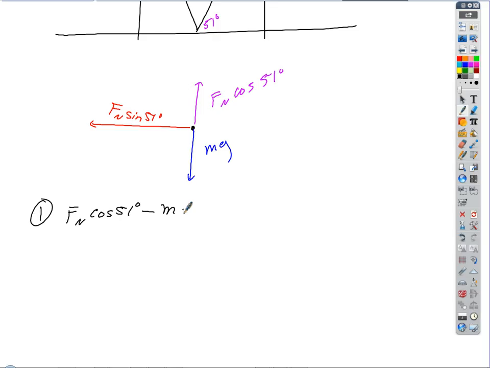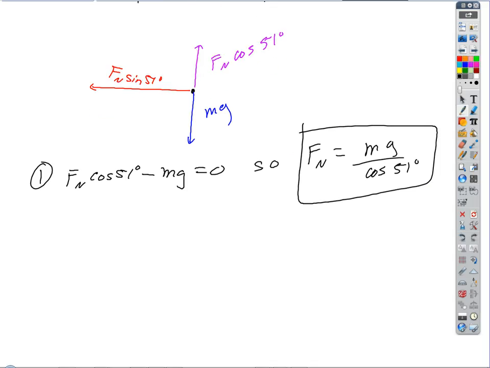Minus mg equals 0. So if I solve for normal force, I'm going to add mg to this side, and divide by the cosine number, right? So I'm going to get positive mg over cosine 51.